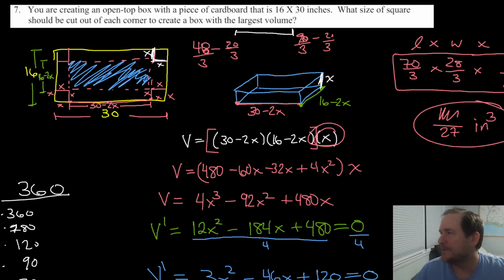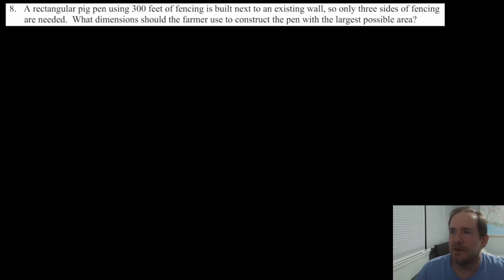Okay, moving on to 8. Rectangular pig pen. All right, this one's cool. If you can't imagine what they're saying, imagine you're looking straight down, and this guy's already got his barn. So here's his little barn.